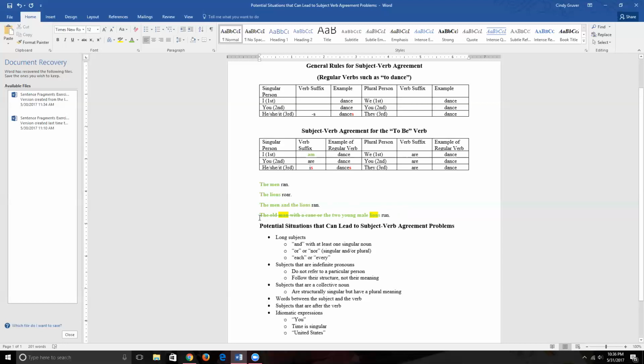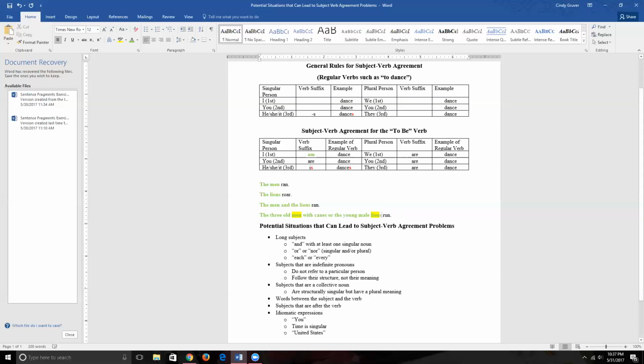Which one are we supposed to prefer? Well, the rule is look at the one closest. Well, in this case, it's lions. So lions run. So you're correct with run. But if we switch it up, we'll make the men plural. And there's just going to be one lion.